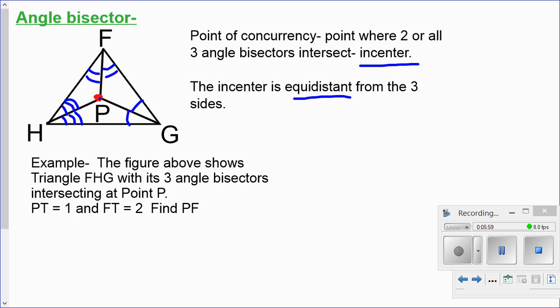We're talking about the segment that is perpendicular to the side. So that's what they're referring to when they say from the side to the incenter.